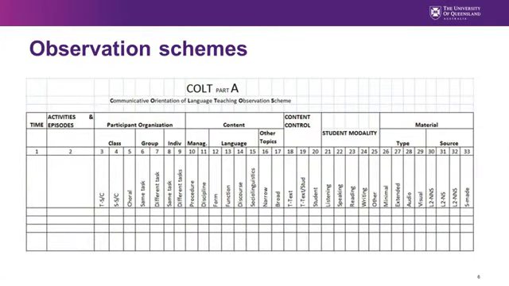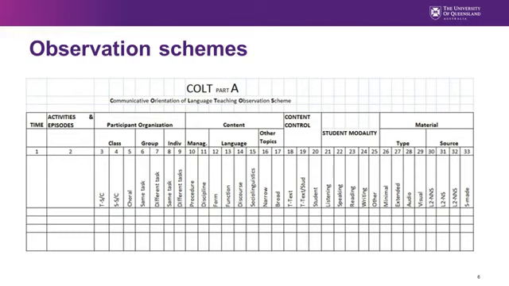On the screen, we're looking at part A, which describes teaching practices in terms of content, focus, and organization of activity types. So you can see that these focuses of the COLT can tell us about the degree of communicativeness that might be demonstrated in a language classroom activity.